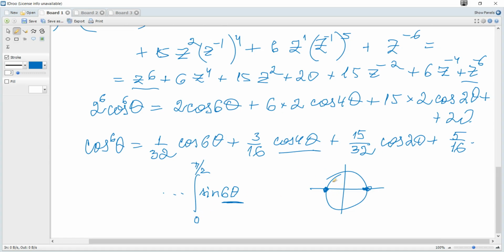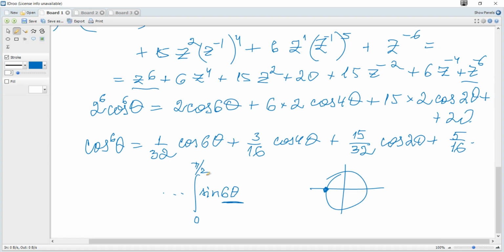So the limits are points somewhere here, and sine is 0 for all these values. So the only non-zero term will be here.